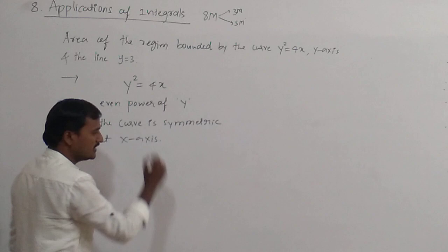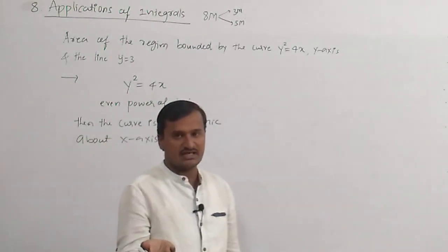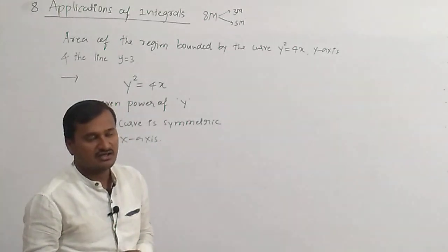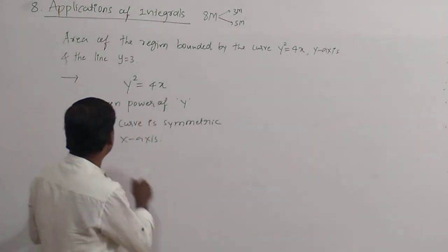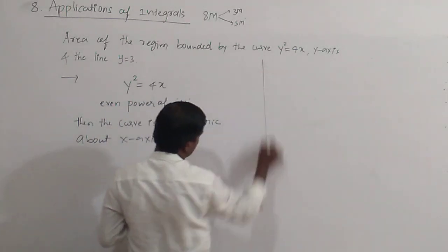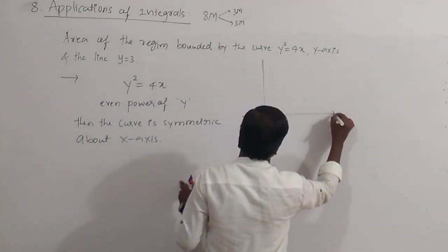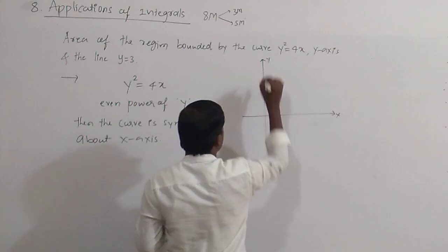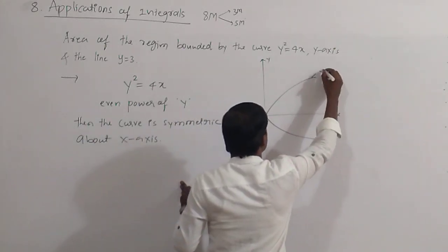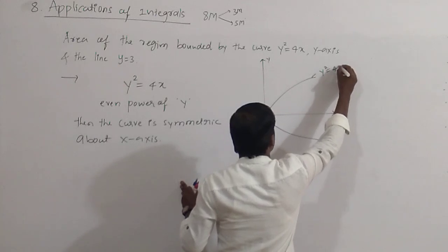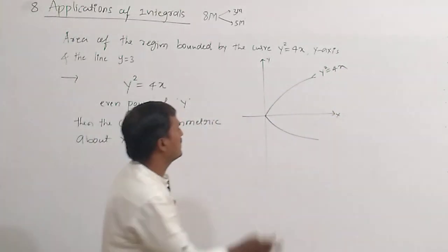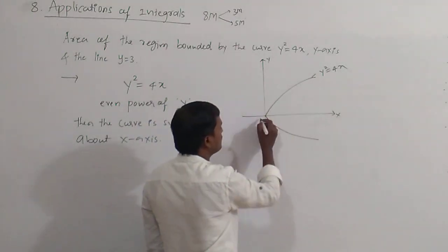Is it right? If there is an even power of x, then it is symmetric about the y axis. If there is an even power of y, then it is symmetric about the x axis. So here we should take the rough sketch of this one. Here it is the x axis and here it is the y axis. So here it is like this. This represents y square equal to 4x. So clearly it represents the equation of a parabola which is passing through the origin.